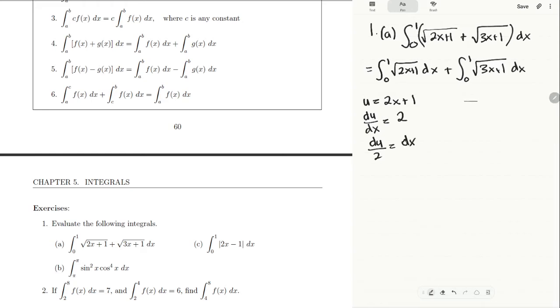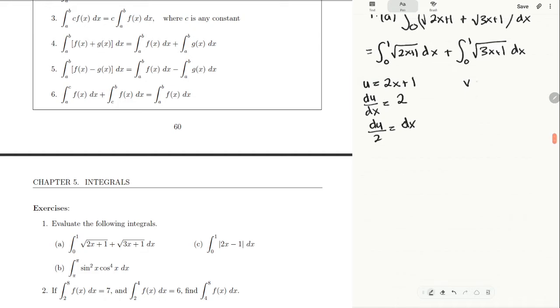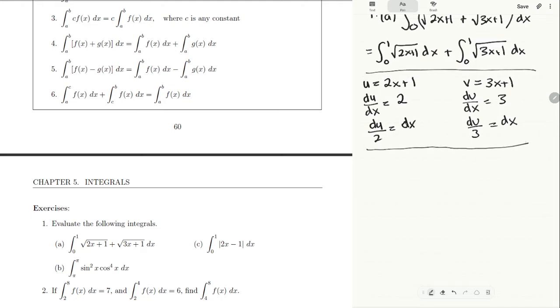Now over on the right, we'll make another substitution, and we'll call this v. We'll let it be 3x plus 1. Then dv over dx is equal to 3. So then dv over 3 is equal to dx. I'm using a different variable to not get confused with the other substitution.